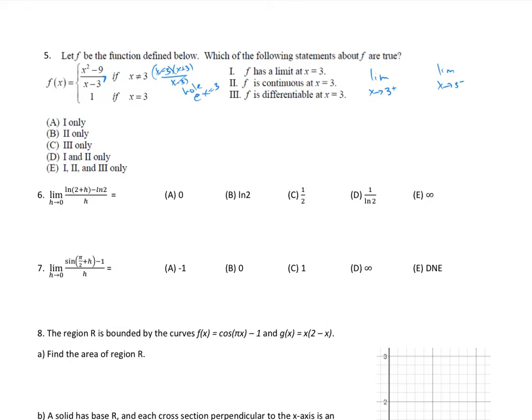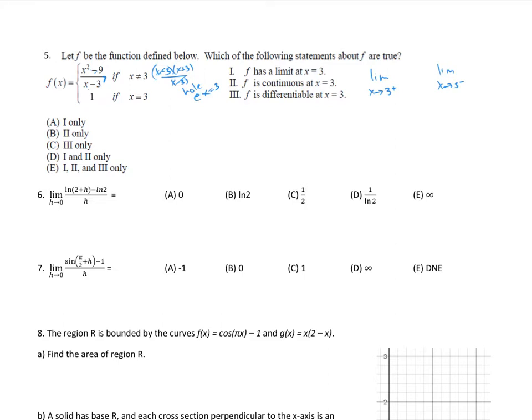Well, when I come in from the right, we're going to get a value bigger than 3, so we'll get, say, 9.1 over 3.1 minus the 3 and then not minus the 9.